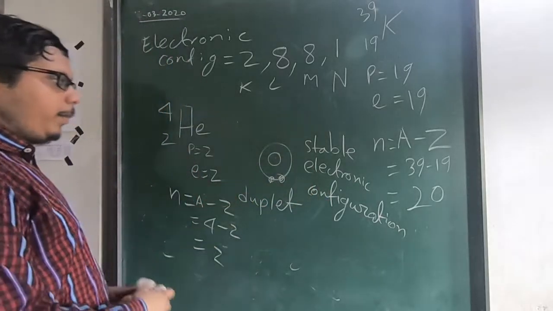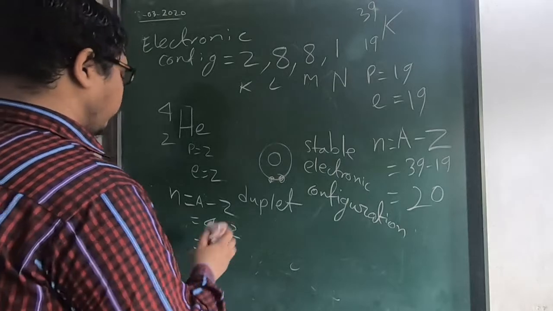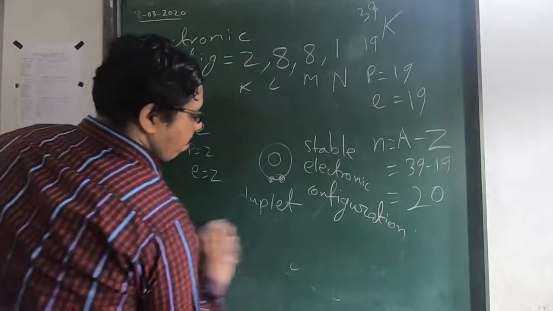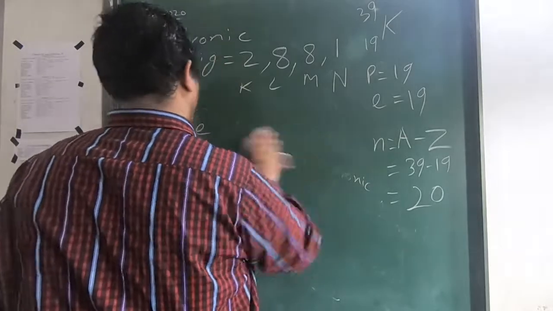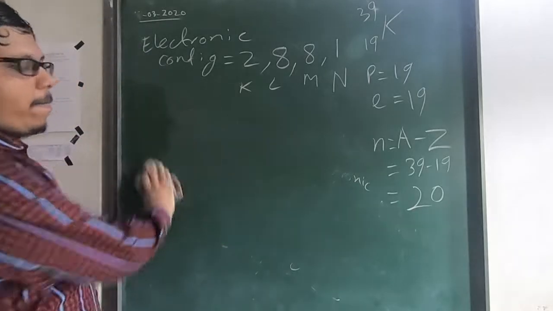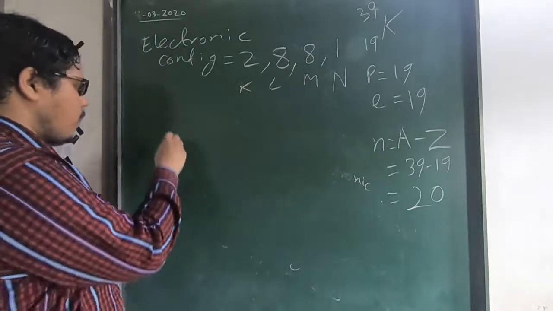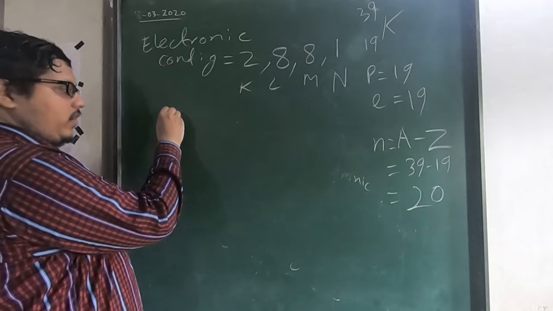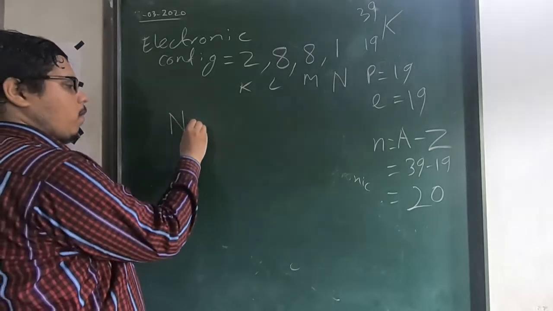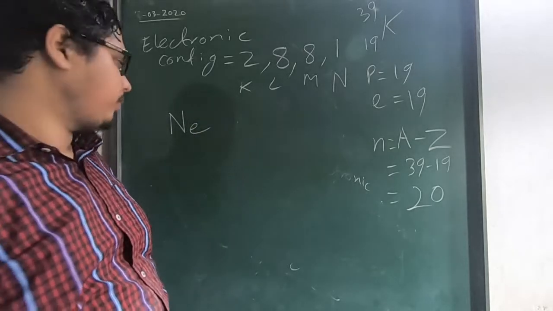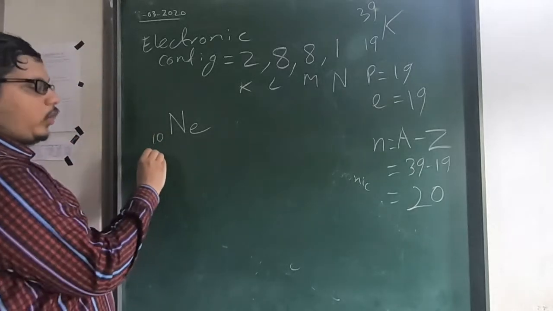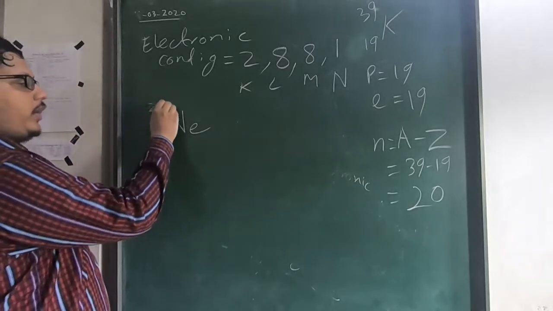Let's take another example of a stable electronic configuration. Let's take the example of neon. Neon has atomic number 10, mass number 20.